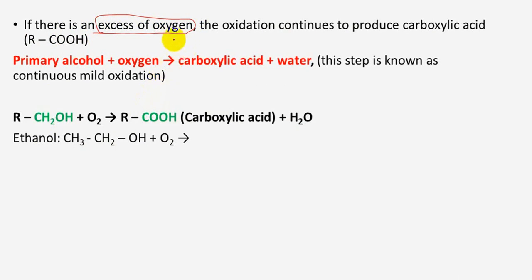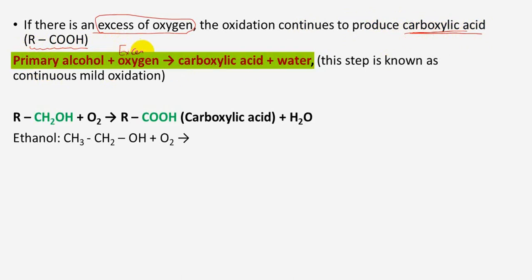If the reaction takes place in excess of oxygen gas, the previous reaction, where the primary alcohol is changed into aldehyde, will continue, and the aldehyde obtained in the first step will continue to react with oxygen to produce the final product, which is a carboxylic acid. So the net equation: if primary alcohol is mixed with an excess amount of oxygen gas, it will produce a carboxylic acid.